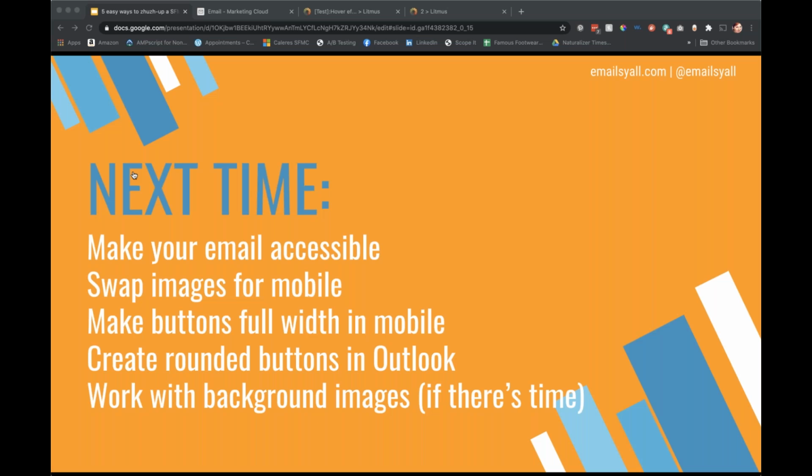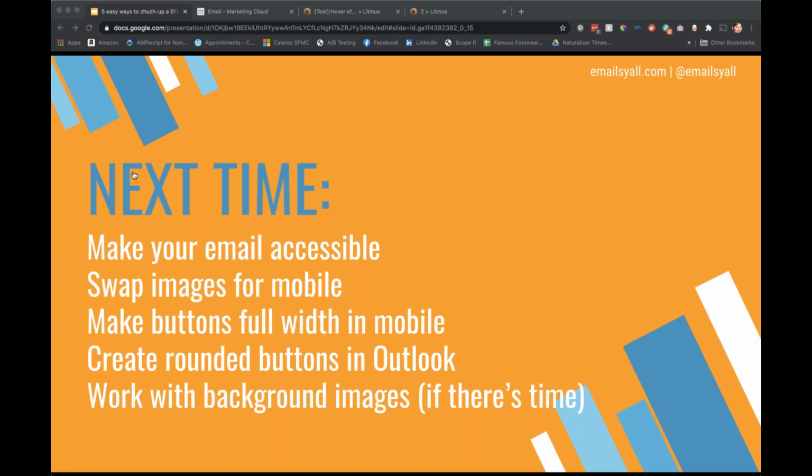Okay. So next time, in exactly a week, next week on Wednesday, we'll get into more difficult code tricks that you can do with a Salesforce basic template. We're going to learn about how to make your email accessible, which is very important for those who don't interact with your email in the traditional manner, but we all benefit from those accessible changes.